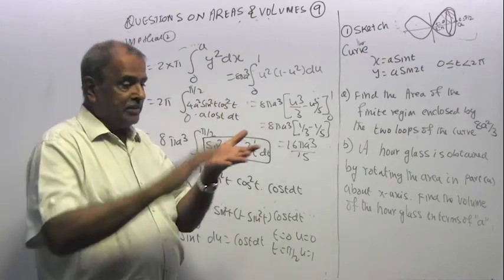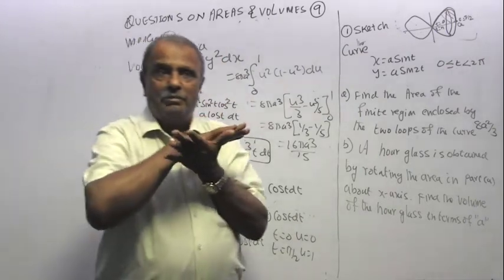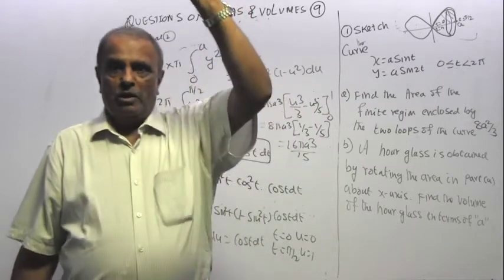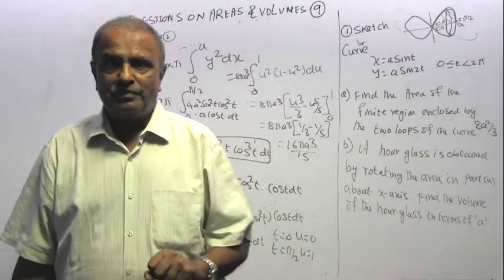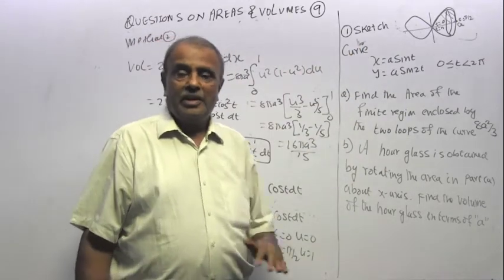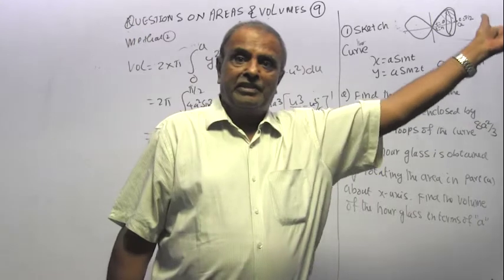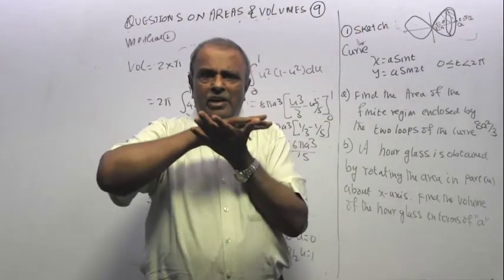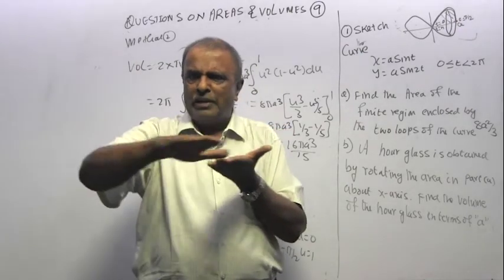Anyway, that finishes integration. I have done about 4 or 5 lessons on only questions on integration, and volumes I've done about 8 to 9 lessons, and apart from that we've done about 6 lessons on integration. So I got over 30 lessons where I've gone through the whole of integration.